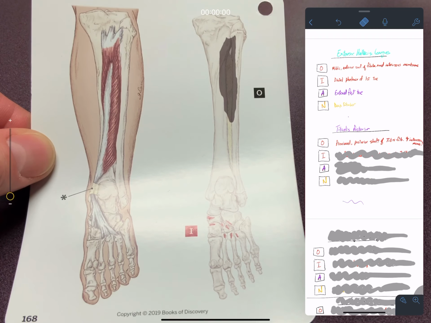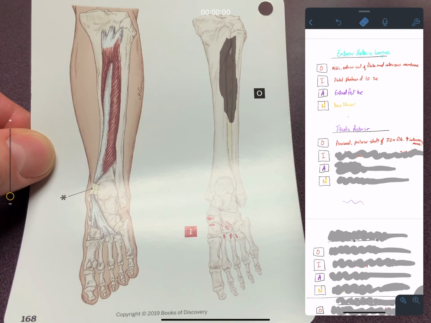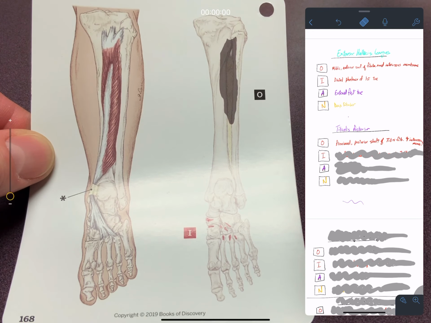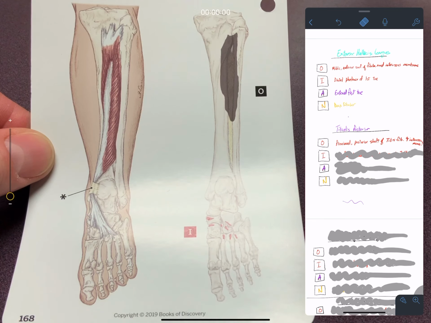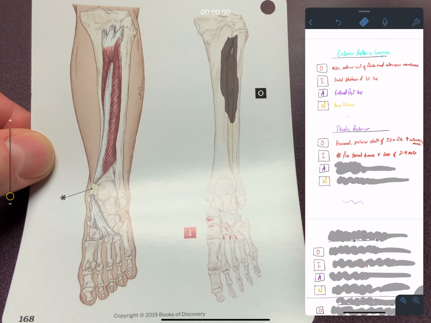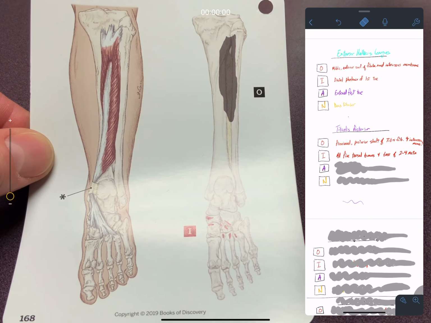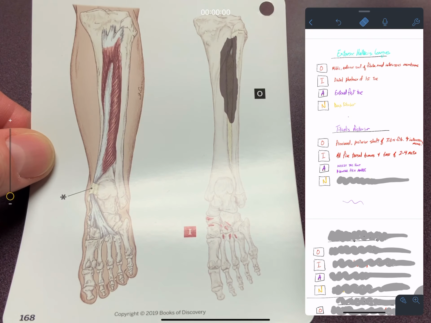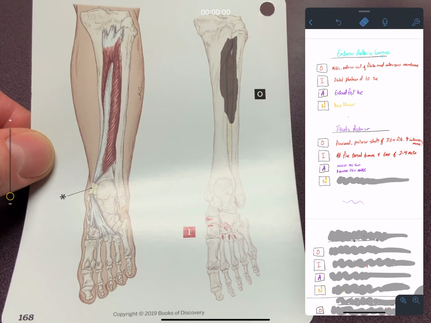It goes up to the proximal posterior shaft of the tibia and the fibula, and also the interosseous membrane. It's 3 areas. It inserts, this one's complicated, on all 5 tarsal bones and the base of the 2nd through 4th metatarsals. Its action is to invert the foot and plantar flex the ankle.